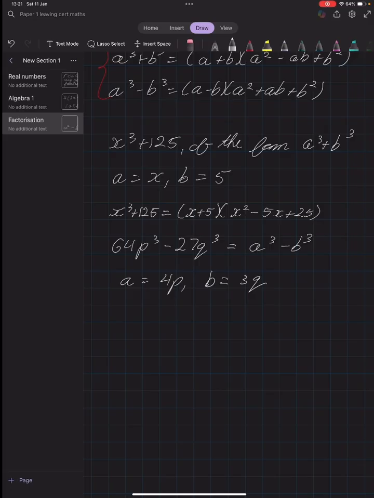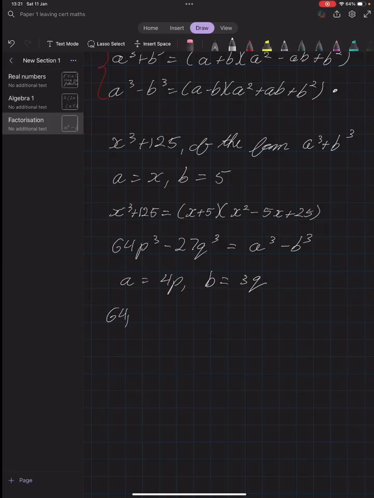Because again, if I do 4p cubed, I get 4 cubed, which is 64, p cubed, which is p cubed, perfect, and then for b, 3 cubed is 3 by 3 by 3, which is 3 by 3 is 9, and then 9 times 3 is 27, and then q cubed is just q cubed. And then just plug that back into this formula up here.